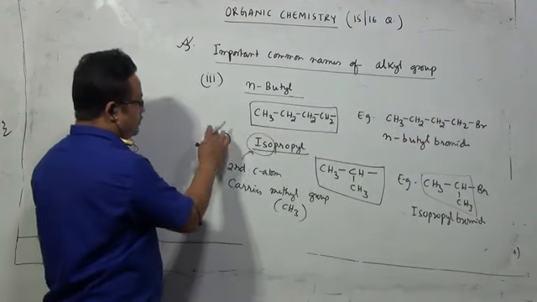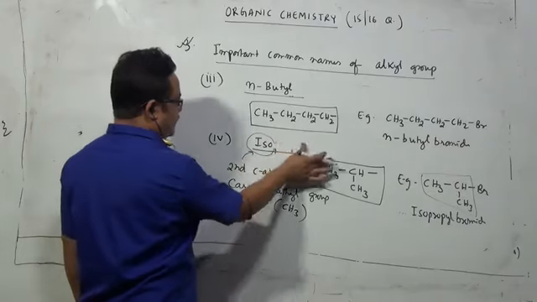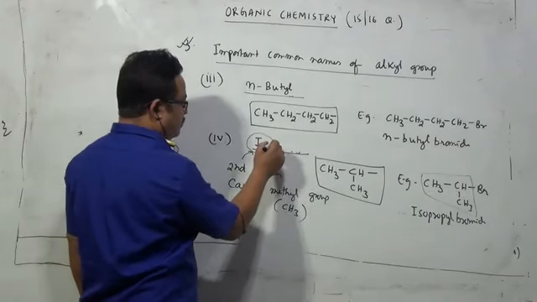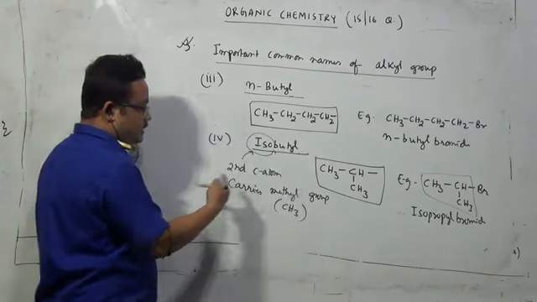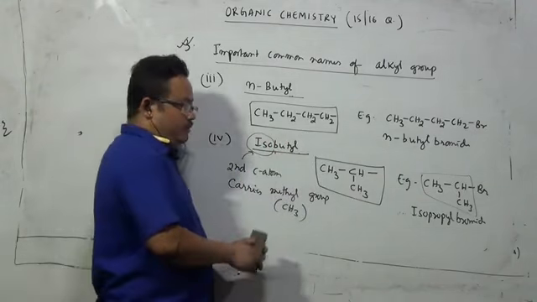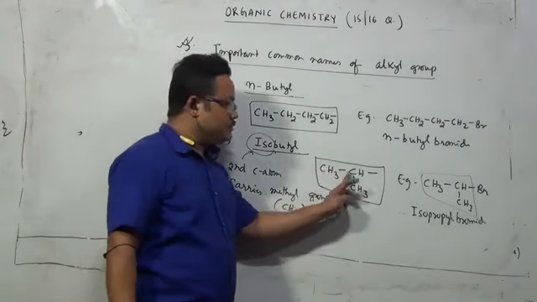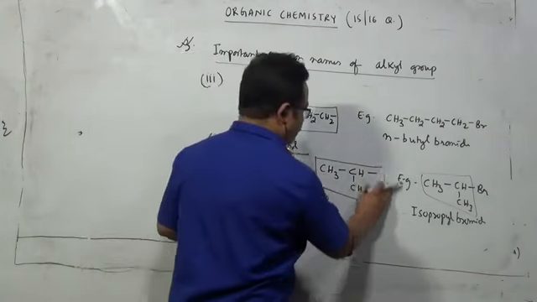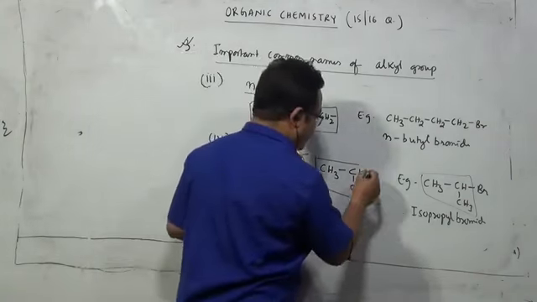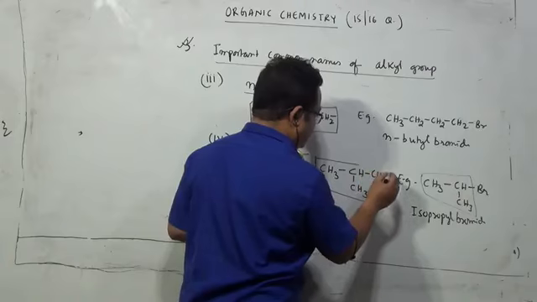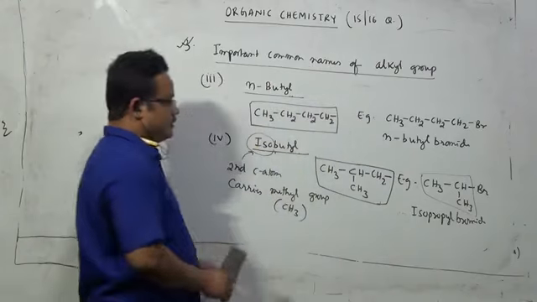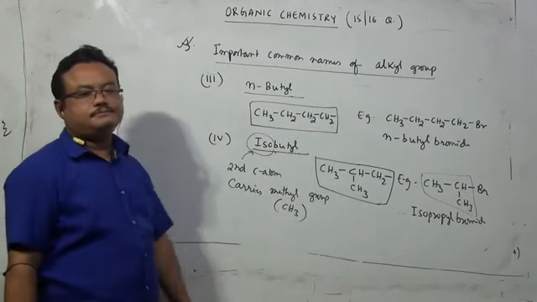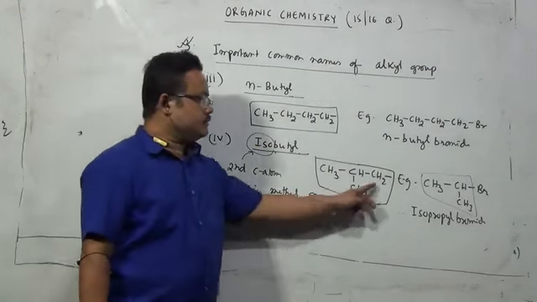And here also, similarly, you can put isobutyl. Isobutyl means the second carbon carries a methyl group. You have to count from the left side, 1, 2, 3, 4, because butyl means 4 carbons. So this is called isobutyl, 1, 2, 3, 4.